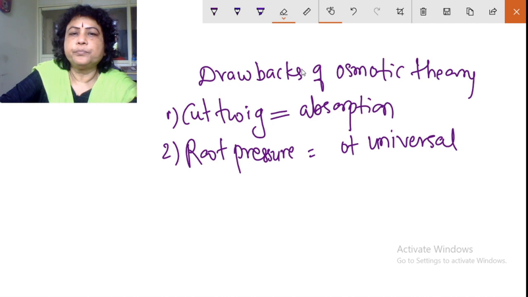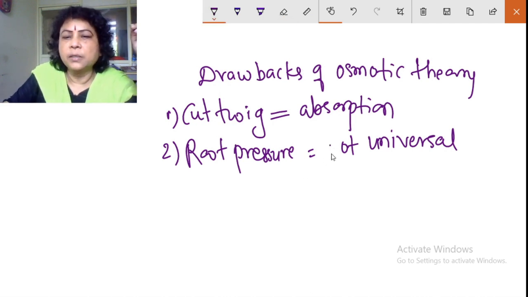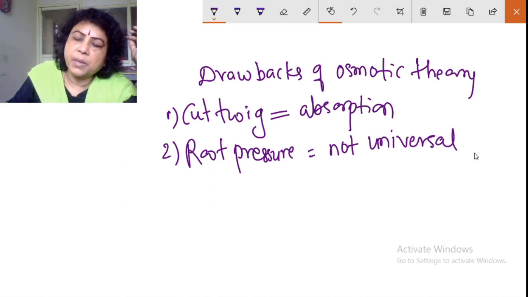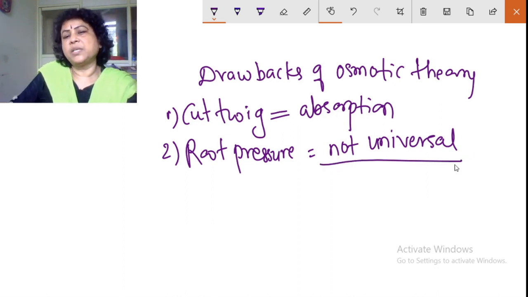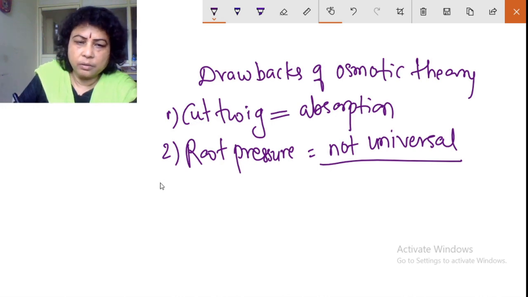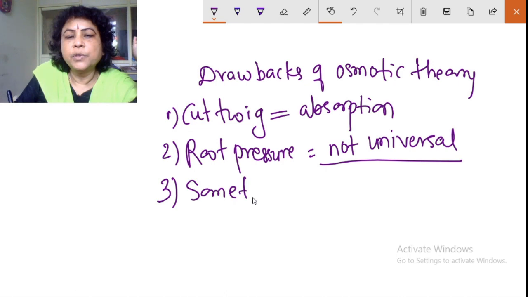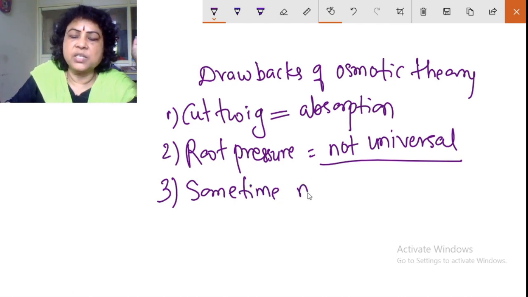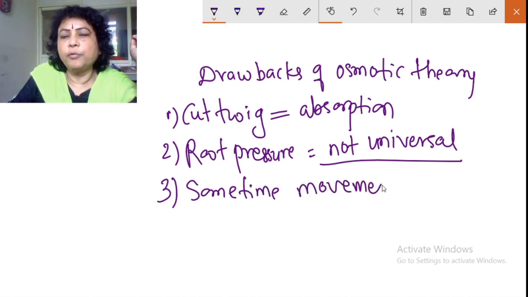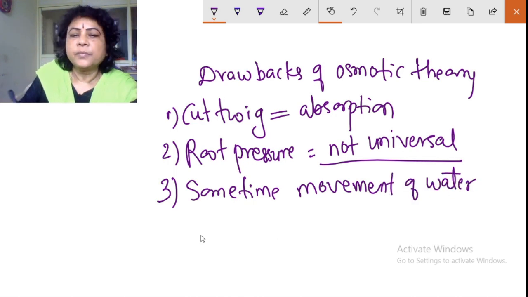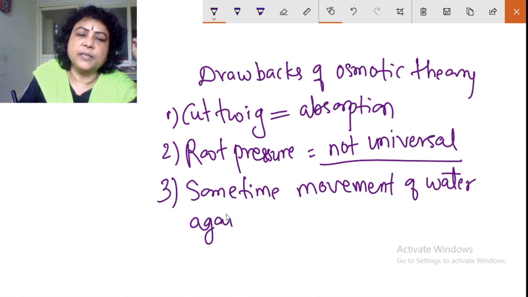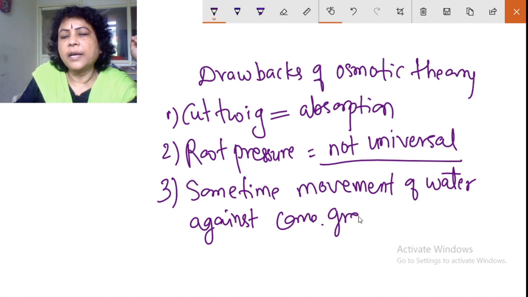Okay, why? Because in some angiospermic plants and some gymnospermic plants, no root pressure is developed at all. Okay, and third, sometimes the movement of water is against the concentration gradient.